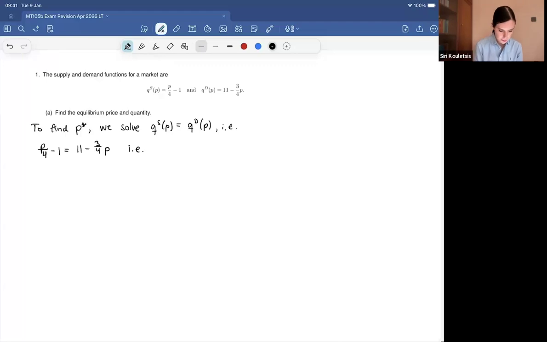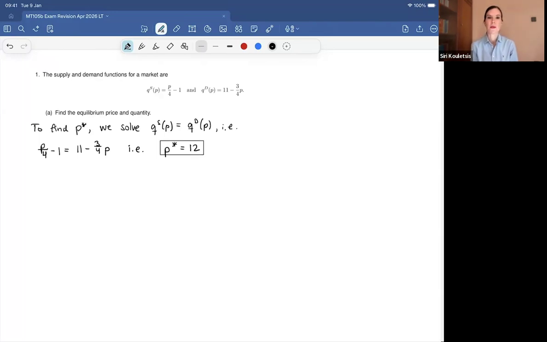We can see straight away we send that minus 3 over 4 p to the left-hand side. That gives us p on the left-hand side, and then we send the minus 1 there. We add plus 1 to both sides, and we see immediately that p star equals 12.